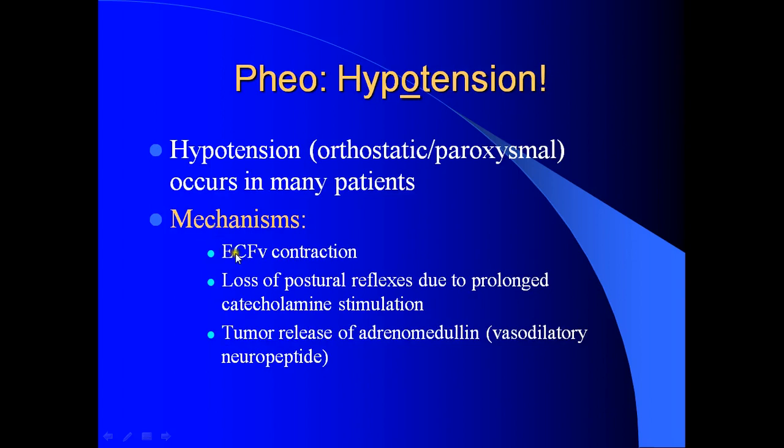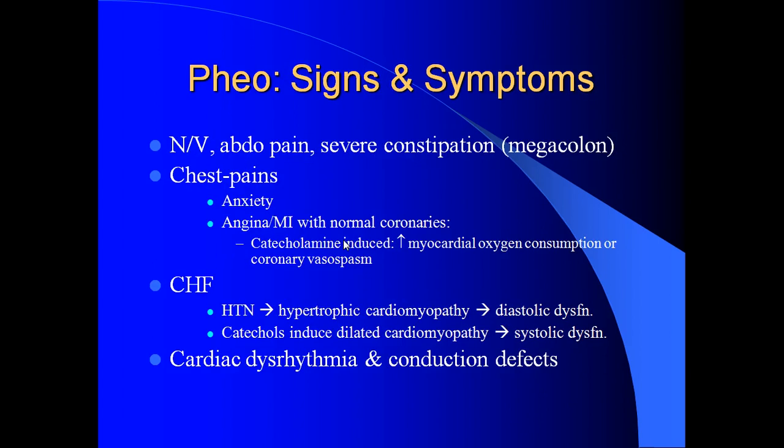What happens is extracellular fluid volume contraction takes place, and there is loss of postural reflex due to prolonged catecholamine stimulation, and the tumor releases adrenomedullin. So when vasodilatory neuropeptides are released, that can cause orthostatic hypotension. Other signs can be no sign or symptom, or abdominal pain or severe constipation because of megacolon.